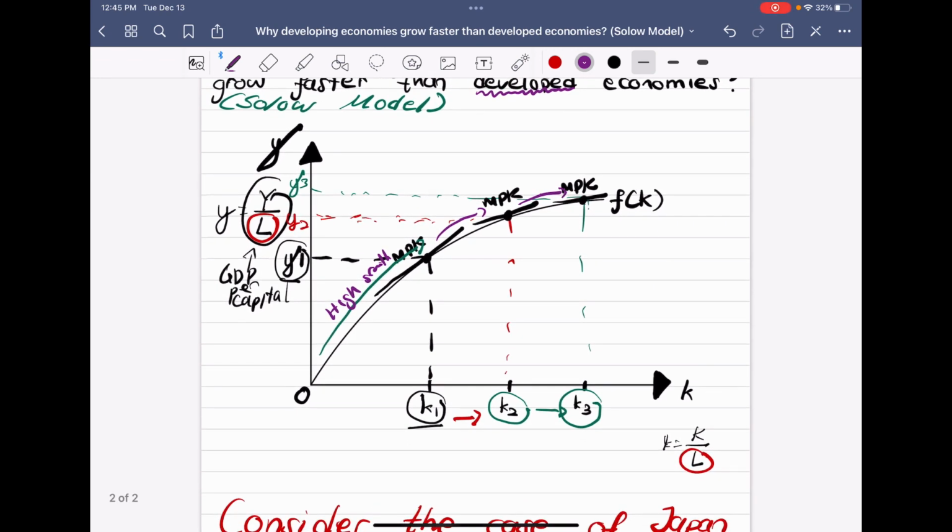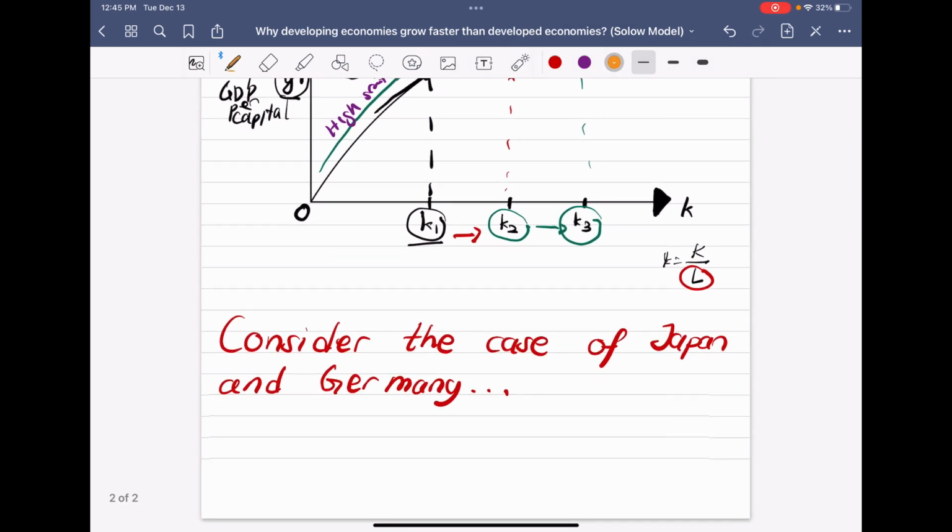And to solidify this concept, you should consider the case of Japan and Germany, a famous case used to explain the Solow model. Consider that after World War II, Japan and Germany were bombed by the Allies, and they had very low capital stock. They were devastated.